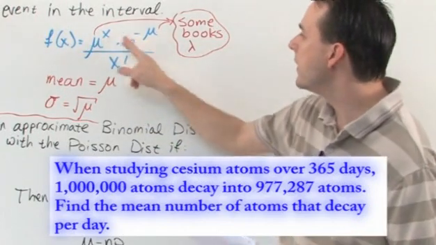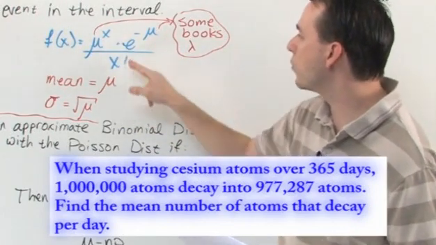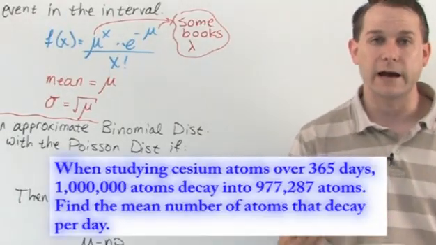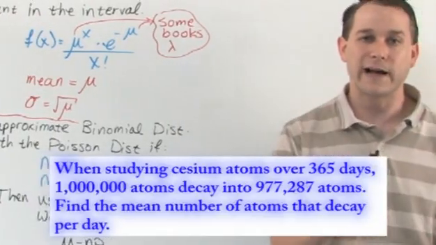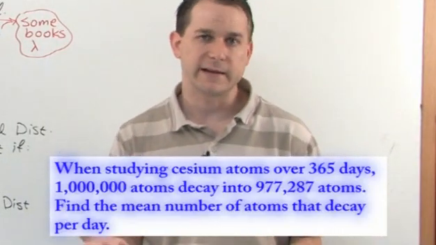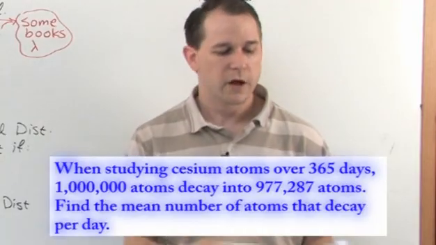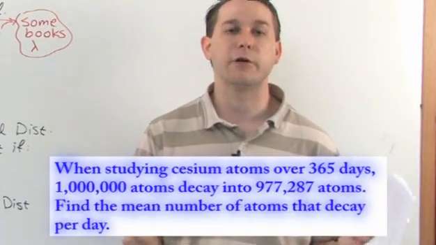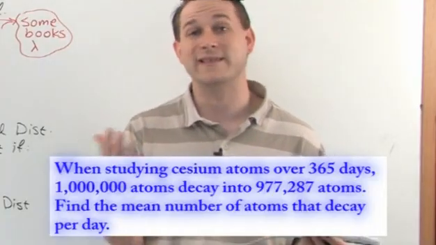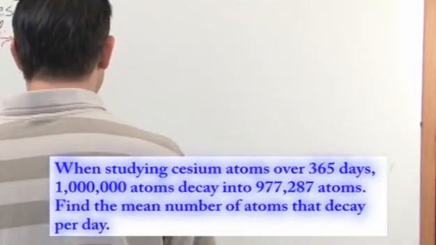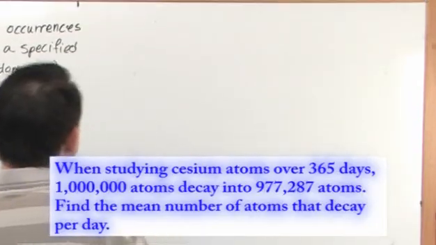So this is a number, and you're always going to have to know what mu is in order to actually use the Poisson distribution. And they're giving you the information to calculate mu because it says you start out with 1 million atoms, and you decay into something less than 1 million. You know it happens over a year. So part A, I'm easing you into this. Part A is just, first of all, calculate the mean number of atoms per day that have decayed. So let's do that, and then once we do that, we'll actually go into the Poisson part of it.